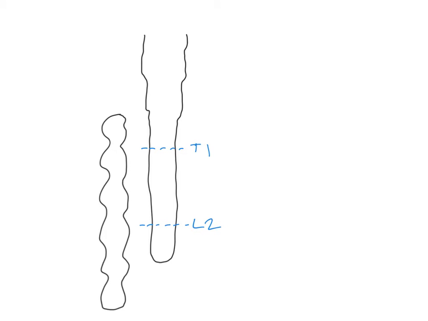So the sympathetic preganglionic cell bodies can only be found between the T1 and the L2 spinal cord levels. And we're going to consider 4 sets of sympathetic preganglionics. The first set of sympathetic preganglionics that we're going to consider are those preganglionics which enter the sympathetic chain and synapse at that level.